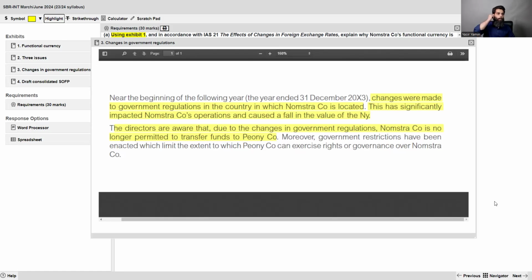Let me give you some examples. Let's say there is a country in a situation of war. If that country is in a situation of war or a severe economic crisis, would they allow their local companies to repatriate their dividends outside the country? I don't think so. You see, the war in Russia happened.